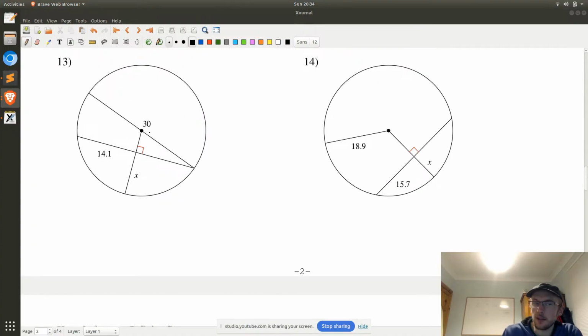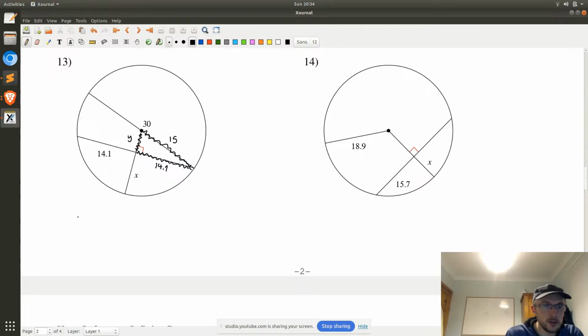Okay, because of where 30 is positioned, that appears to be the length of the diameter. So the radius will be 15. And so 14.1 for this other half of the chord here, 15 for the hypotenuse of this right-angled triangle here, and then we obtain what is called y there, and then we'll take that away from the length of the radius.